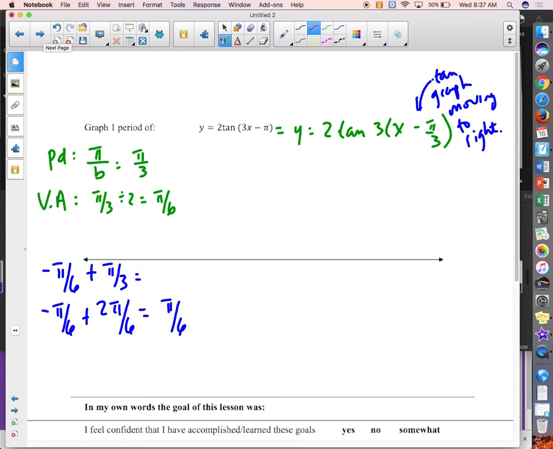My second vertical asymptote on the right will be a positive pi over 6. I'm going to add pi over 3 to that, and I get 3 pi over 6, getting that common denominator, and I get pi over 2.